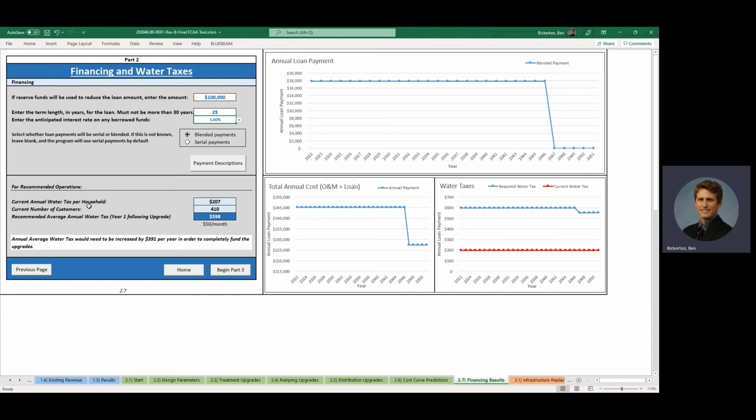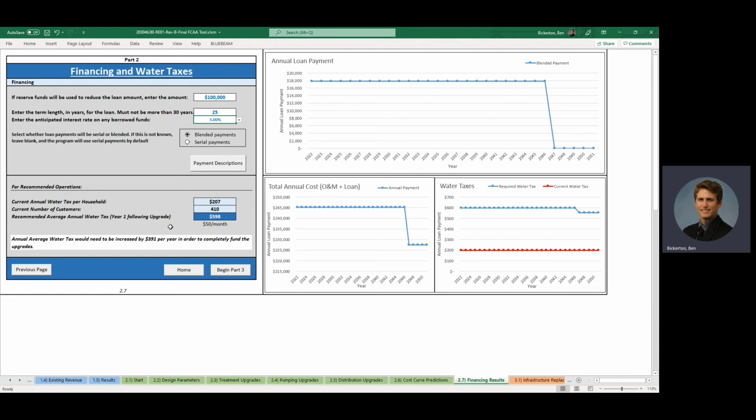So on the left here, there's a summary that gives the current annual water tax per customer. That would be the average customer, including our water and sewer and our industrial customers. So the average that we input into the tool was $207 per year.